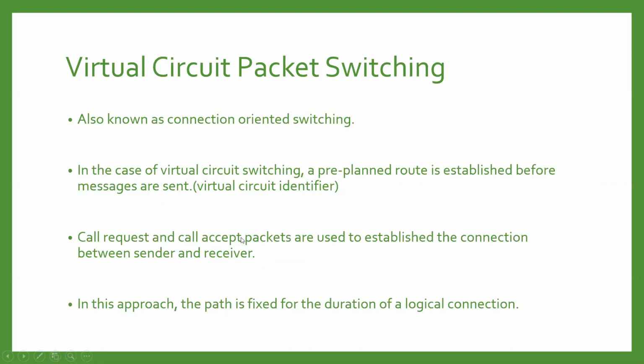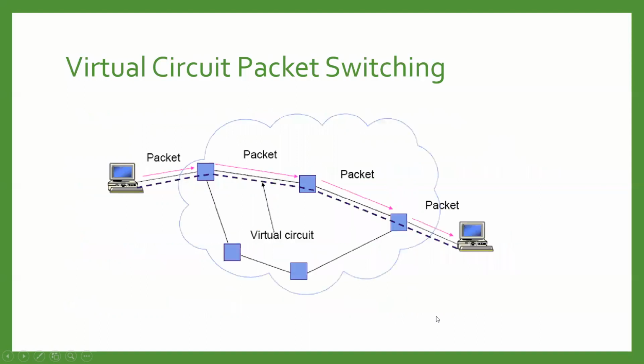Call request and call accept packets are used to establish the connection between the sender and the receiver. Like in the first technique, circuit switching, where the connection establishment happens and only then the data is transmitted. But here, logically, we decide only one path, and through that path every individual packet will be transmitted. So in this approach, the path is fixed for the duration of a logical connection.